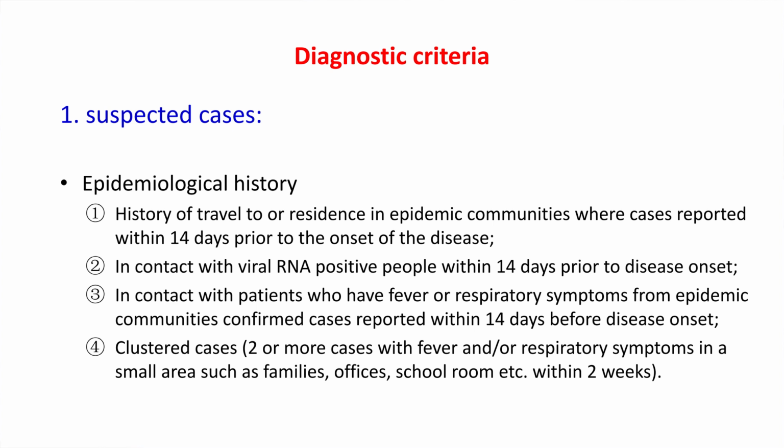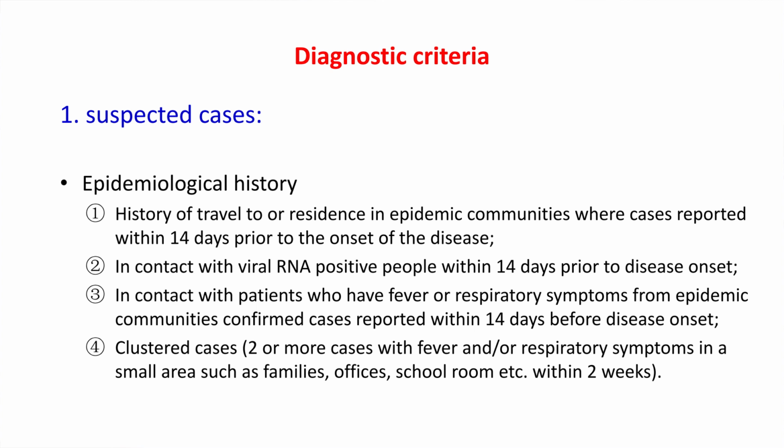The history: travel or residence in endemic communities where cases were reported within 14 days, or contact with a positive person within 14 days, or contact with patients with fever or respiratory syndrome from endemic areas within 14 days, and cluster cases.